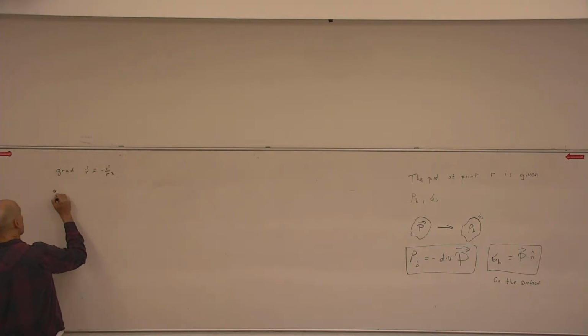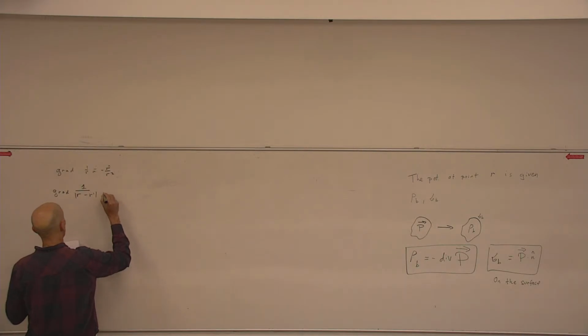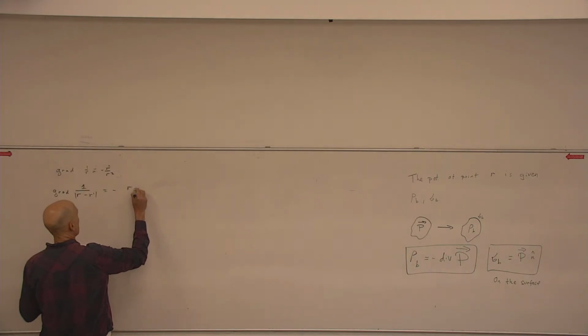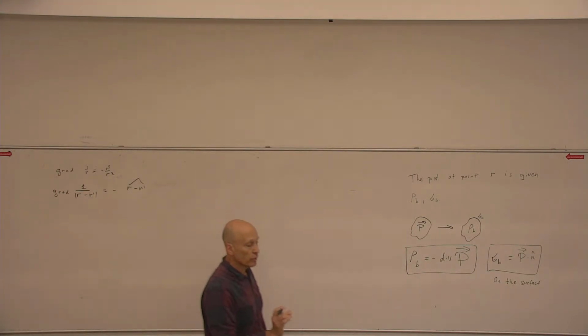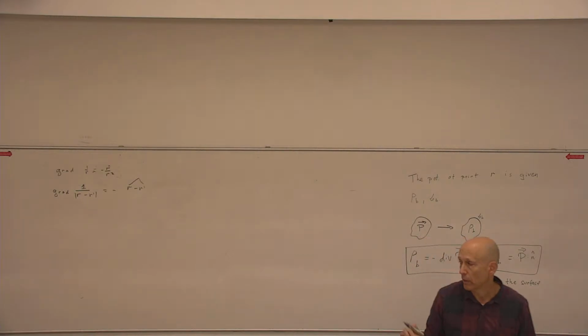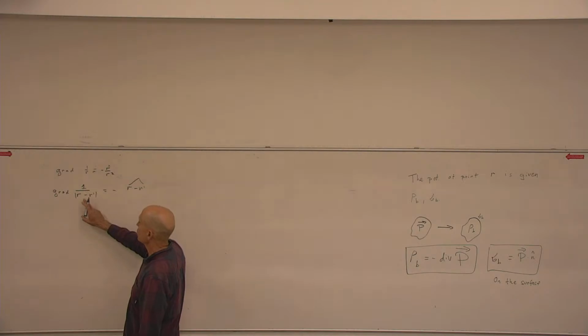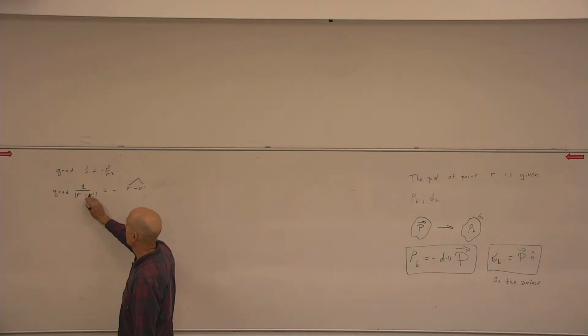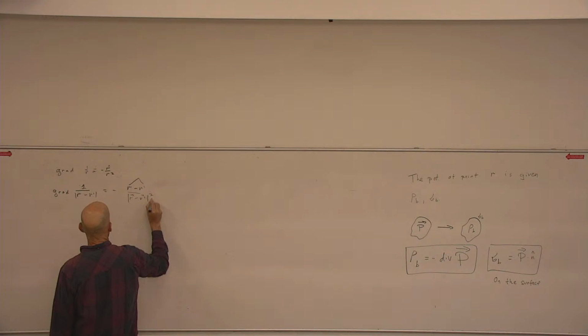Or more correctly, I want the grad of 1 over the absolute value of r minus r prime, which is equal to minus (r minus r prime) hat, so the unit vector in the direction of r minus r prime, divided by the absolute value of r minus r prime squared. And I think you know what I mean by r and r prime eventually, but these are just two vectors in space now. This is math.